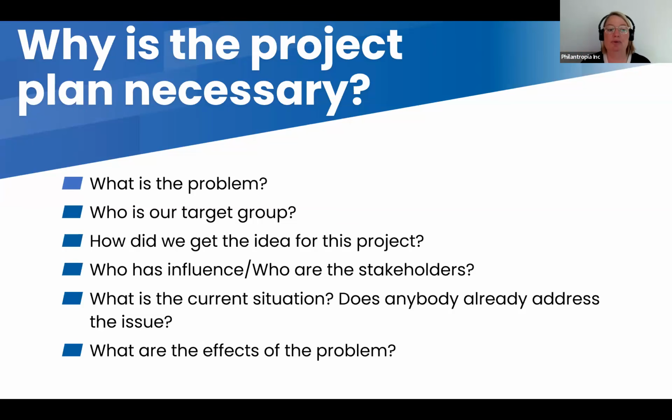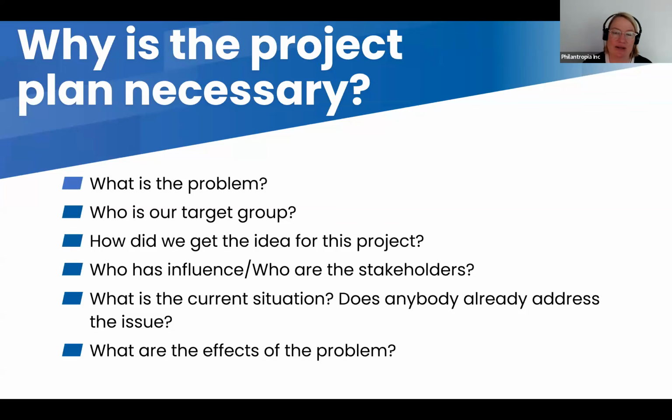Then what we said before, who has influence? Who are stakeholders? This is something that in the past often has not been looked at sufficiently and then resulted in problems because it is crucial to know everybody who has a stake. Because they can be really influential and they can maybe hinder project success if they don't like the project.